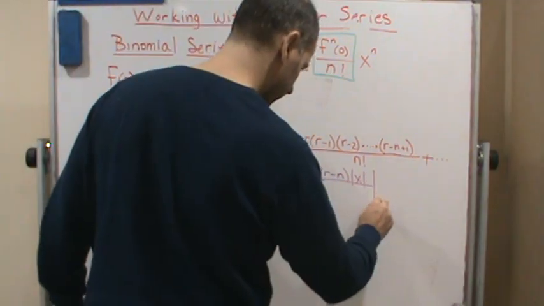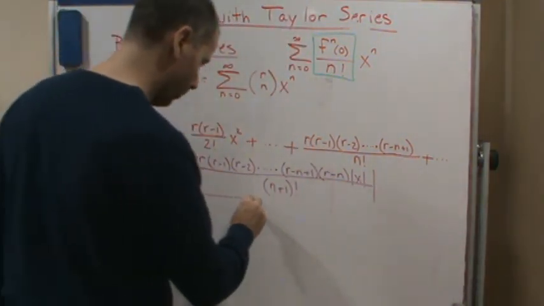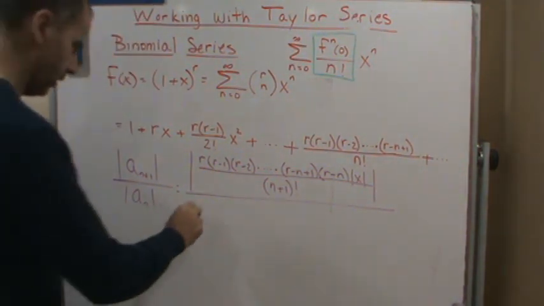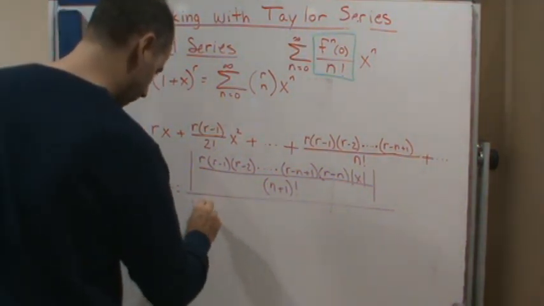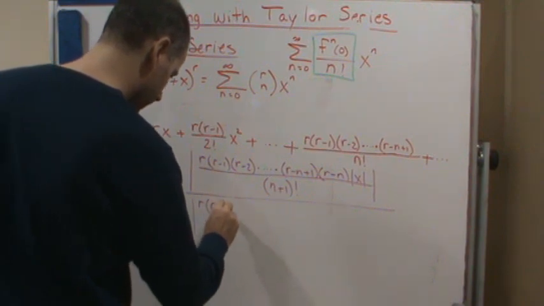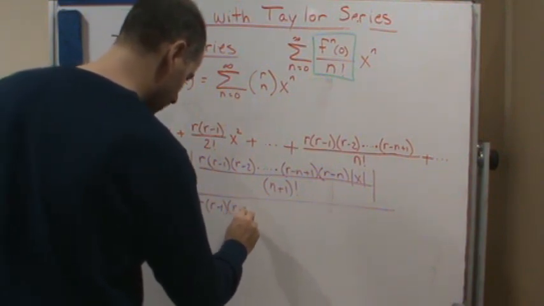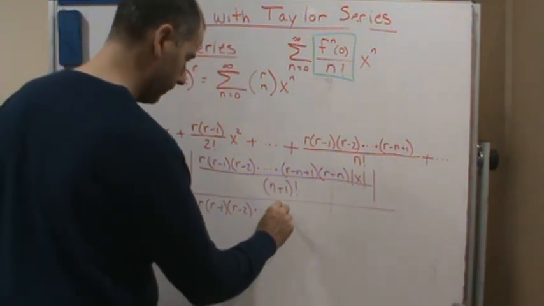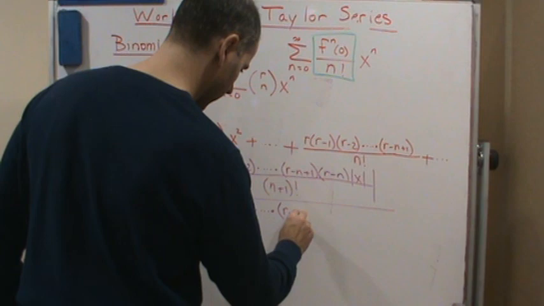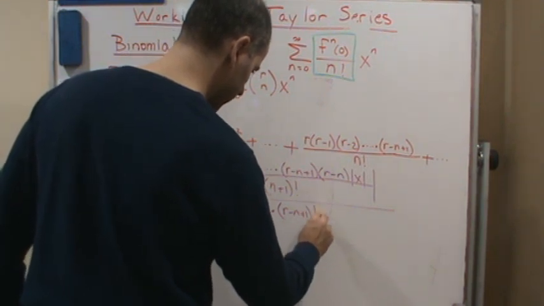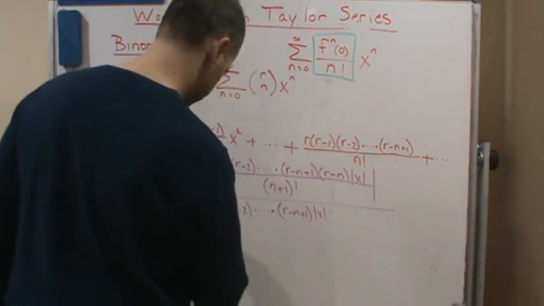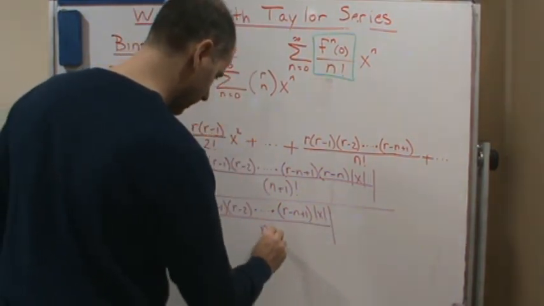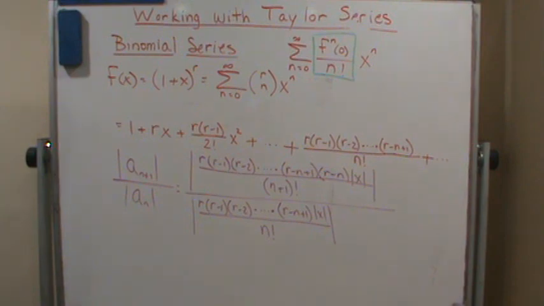We've got the absolute value, and then we're going to divide that by this, which is then going to be the absolute value of r times r minus 1 times r minus 2 times all the way to r minus n plus 1 times the absolute value of x, all divided by n factorial.